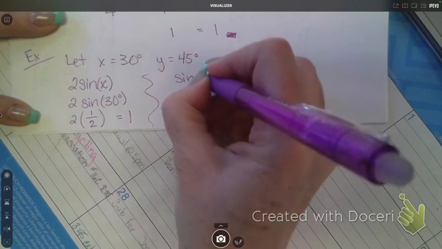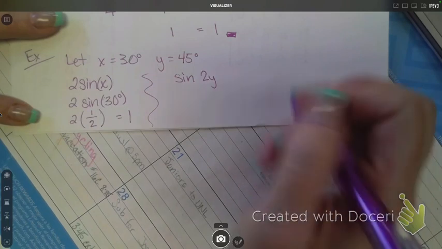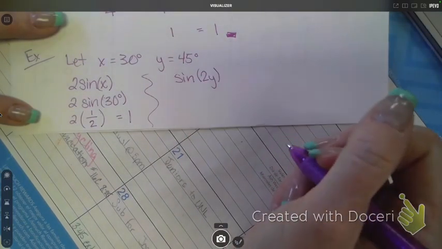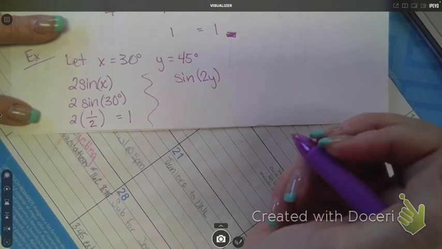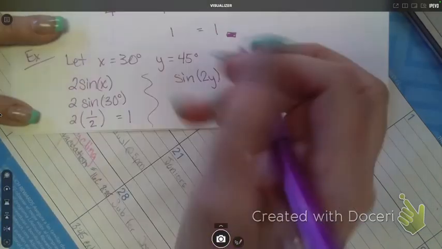So sine of 2y is how the book reads it. Where should I put my parentheses? Around the 2 and the y. Okay. So what am I going to do there? Plug y in.